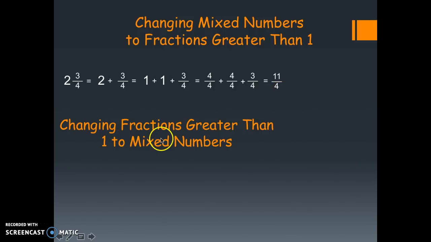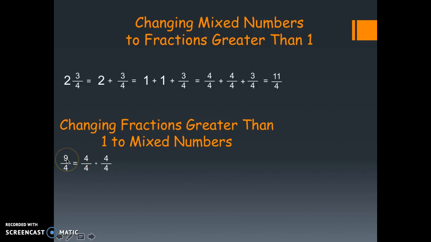So what if we have a fraction greater than 1 and want to turn it into a mixed number? So that would be like starting here and working our way the other direction. So if we have 9/4, we can say, okay, 4/4 equals 1. We've used up 4 of those 9/4. We can use up 4 more because that only equals 8/4.